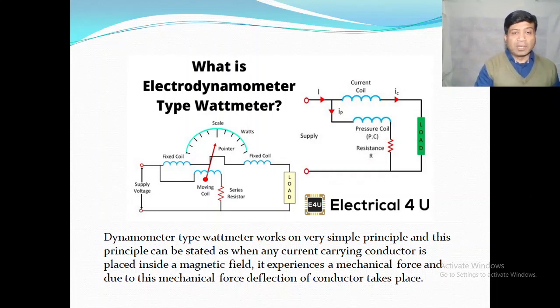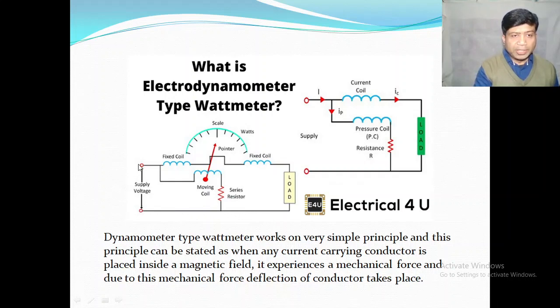The other important thing to be known about these types of wattmeters is why and how the instrument measures the exact power across the load. You can see in the diagram that the fixed coil is in series with the load.